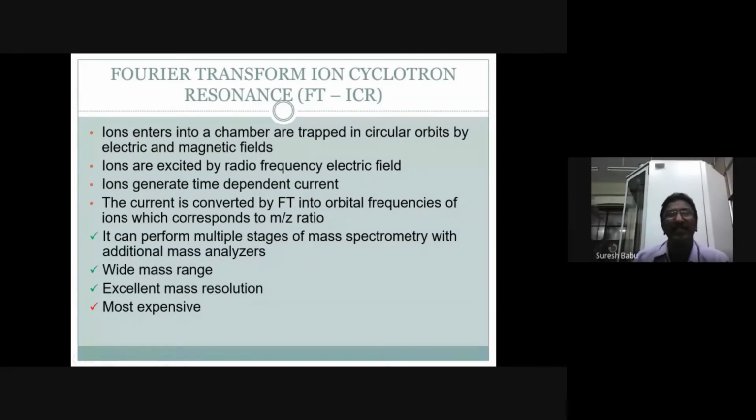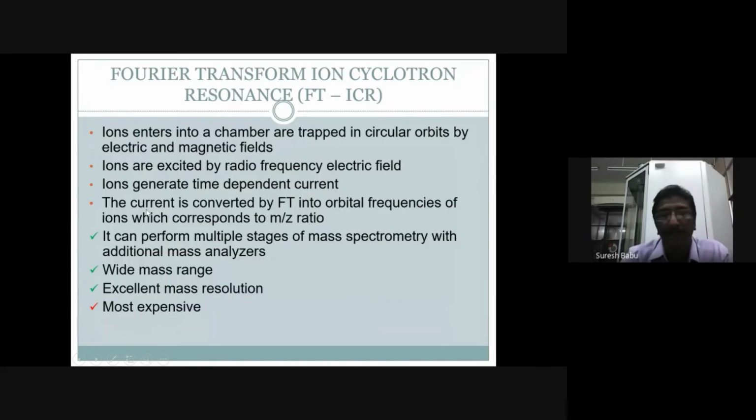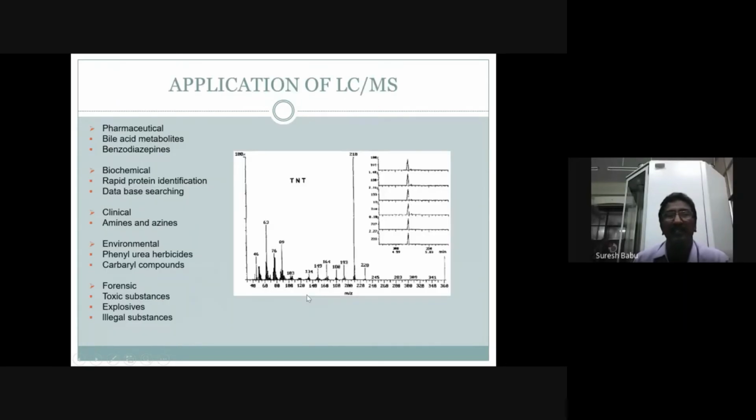The advantage of this cyclotron technique is that it can be used in MSn systems, that is multiple-stage mass spectrometry, and it has wide mass range analysis and excellent mass resolution, but the problem is that it is the most expensive mass analyzer.